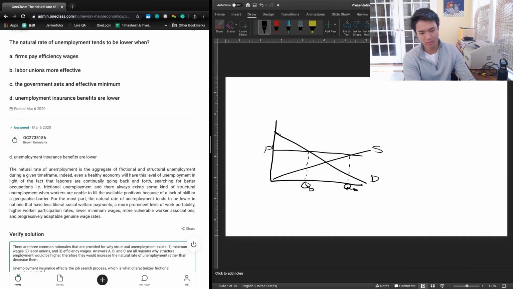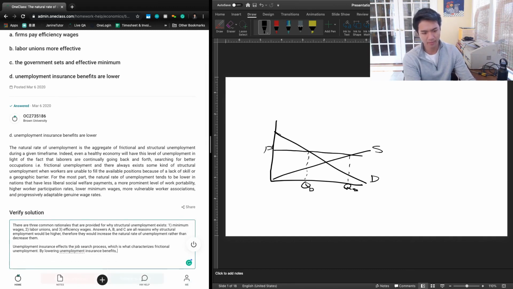By lowering unemployment insurance benefits, the government increases the incentive for workers to speed up their job search process and thereby decreases both frictional unemployment and the natural rate of unemployment.